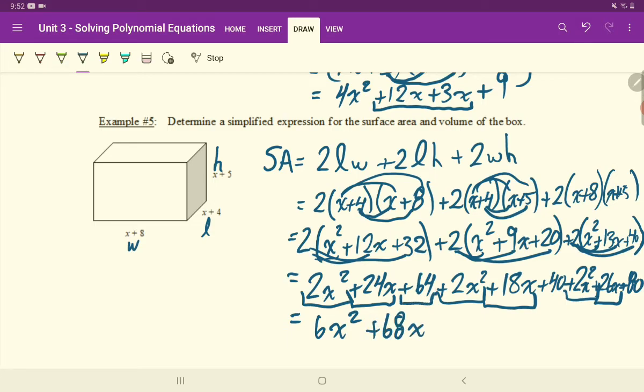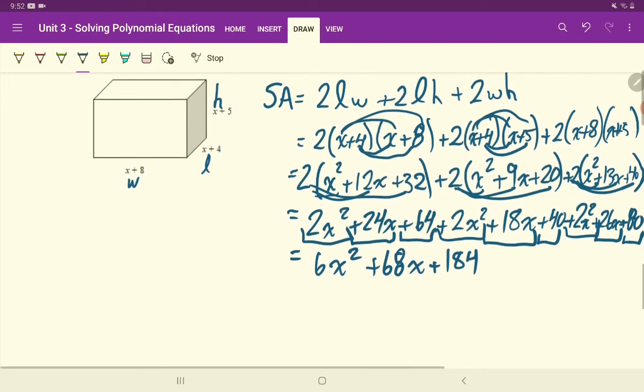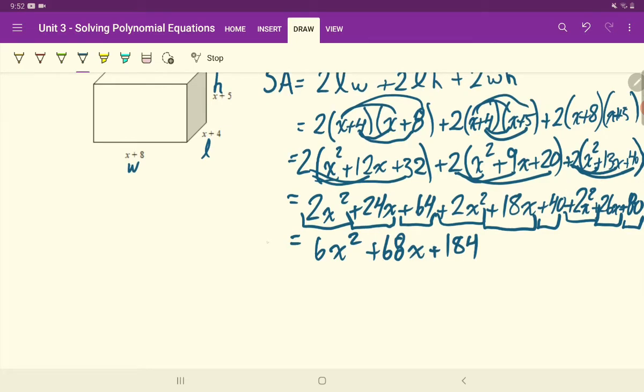Then I've got a positive 64 plus 40, that takes me to 104, plus 80, I'm at plus 184. And there it is. Can't go any further than that. That is my simplified expression for the surface area of this rectangular prism.